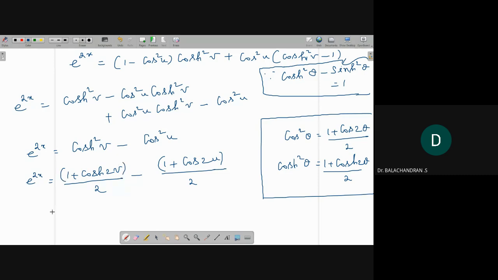Now take 2 as LCM and cross multiply: 2 into e power 2x. Here 1 and minus 1 get cancelled. The final answer is cos h 2v minus cos 2u. So this is the final answer.